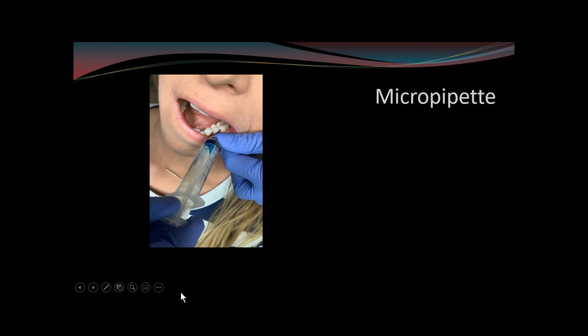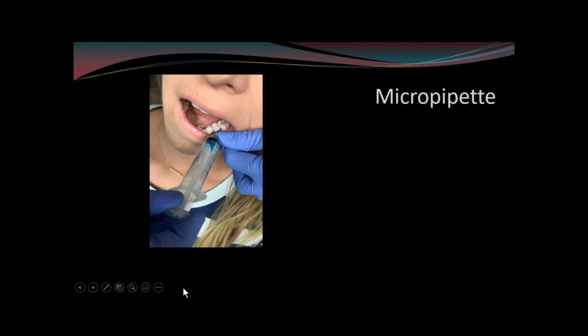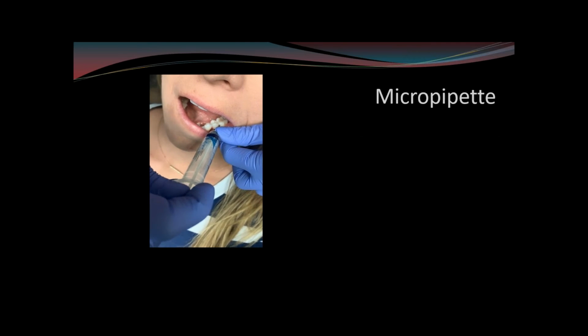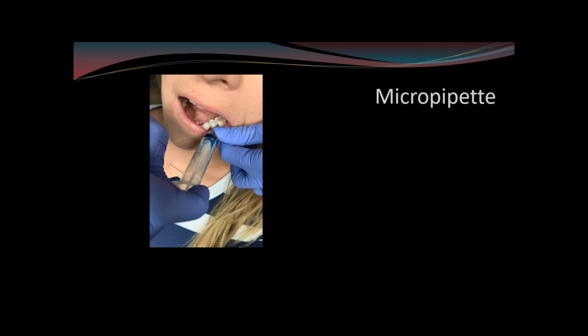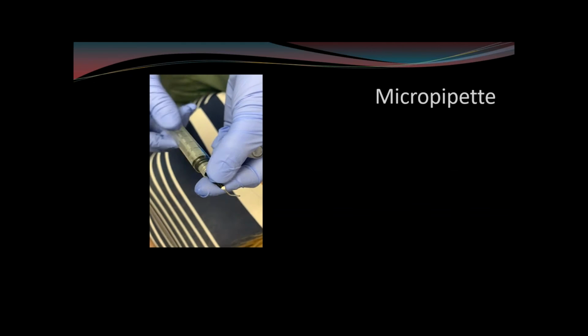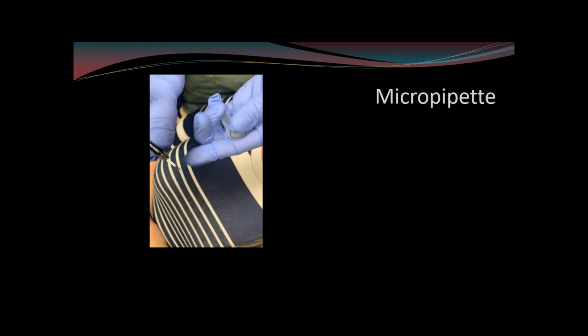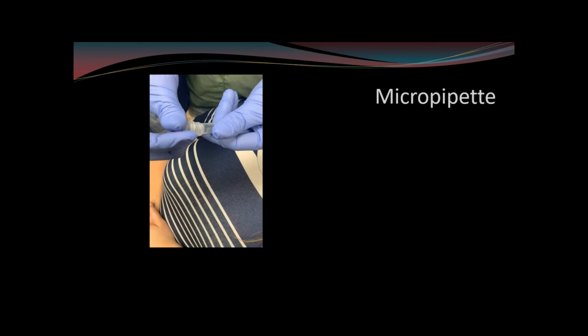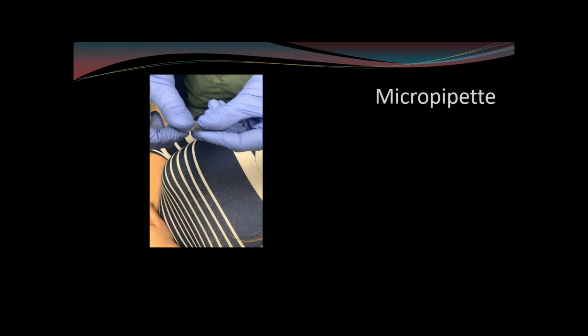So what you do is you elevate the plunger for 10 seconds, then you remove the micropipette from that periodontal pocket. If you're just going to evaluate one pocket, you unscrew the little tip and put it into the shipping container. And if you're going to evaluate 2, 3, or 4, you would just use the same tip to go into 2, 3, or 4 areas so that you can evaluate what's there.